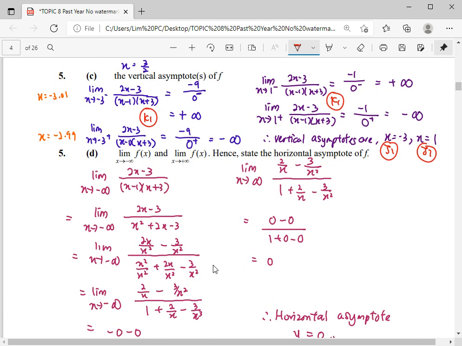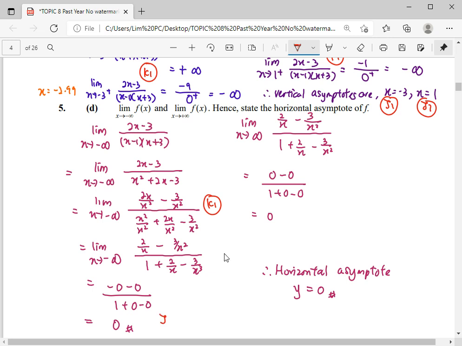So finally, our limit at infinity. So write out our answer. y equals to 0 is the horizontal asymptote.